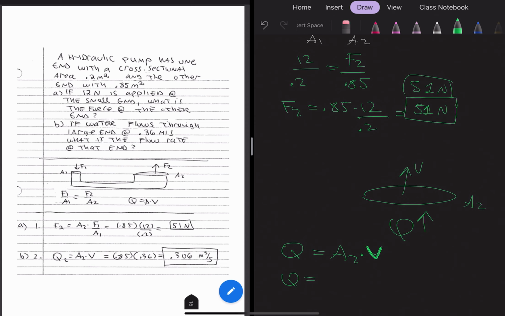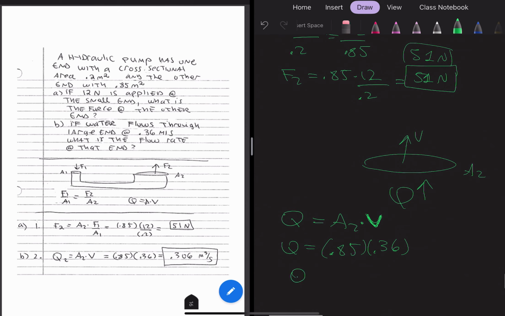So that's going to be the large area 0.85 multiplied by the velocity, which is 0.36, and that's going to give you a flow rate of 0.306 cubic meters per second.